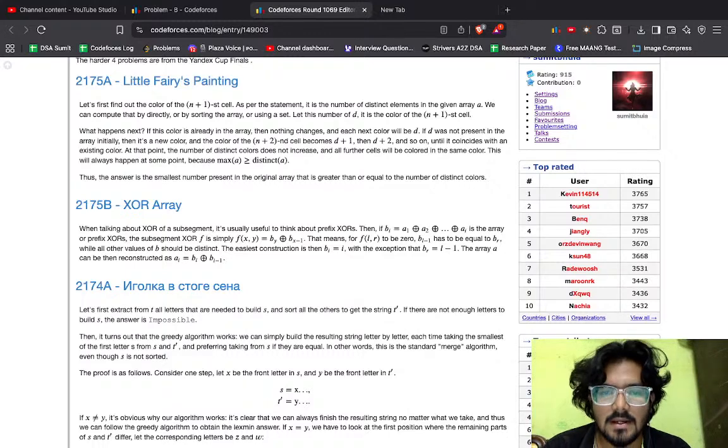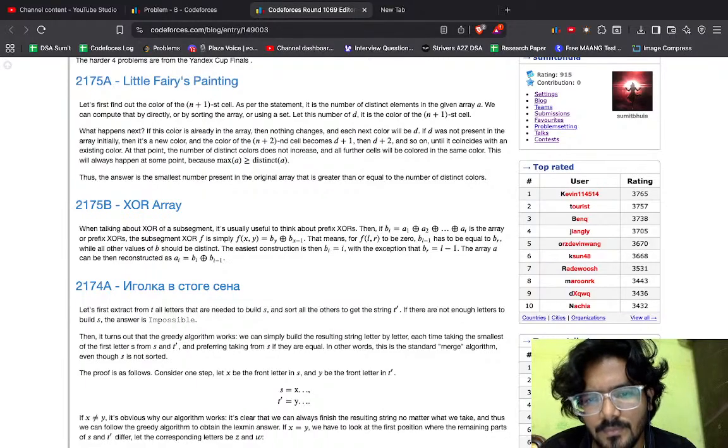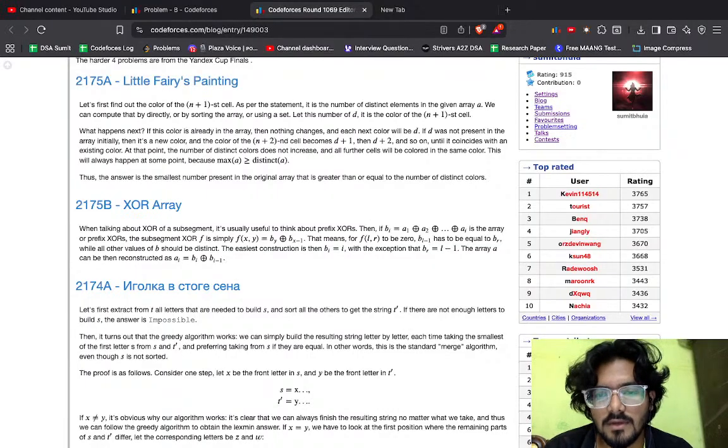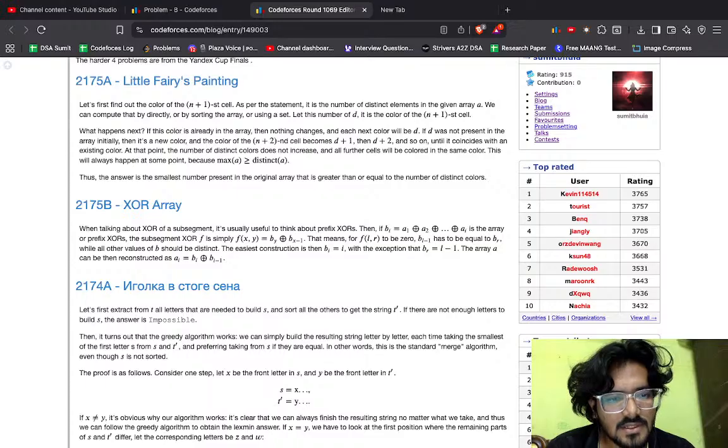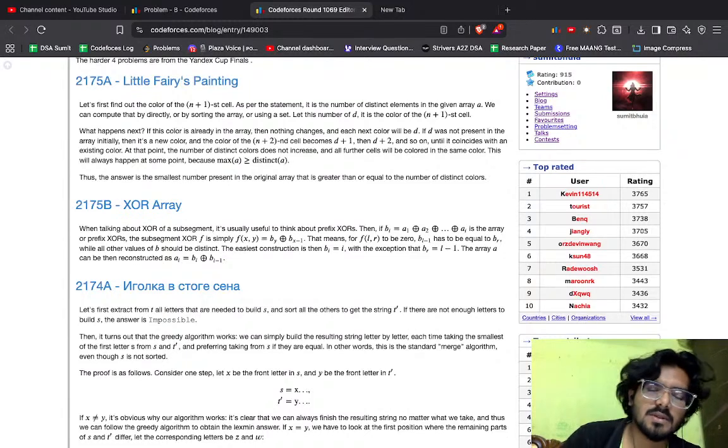Then if bi equals a1 XOR a2 XOR and if we continue that to the ai value, right, is the array of prefix XORs, the subsegment XOR f is simply by XOR bx minus 1.